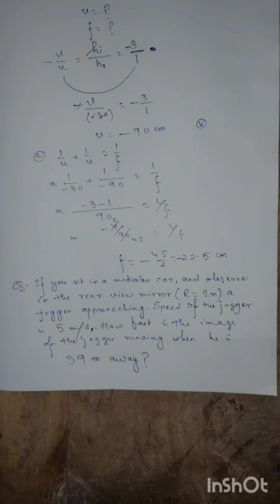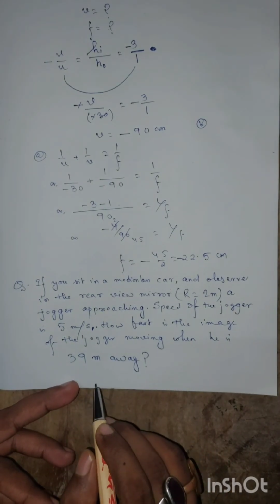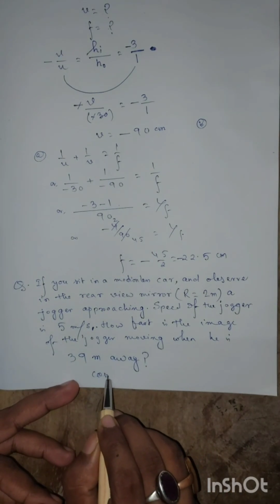So the question is, how fast is the image of the jogger moving when he is 39 meter away from the car? So we know we are talking about a convex mirror, because rear view mirrors are convex mirrors.